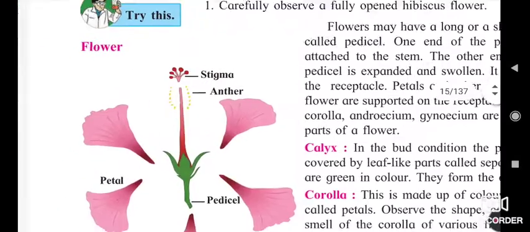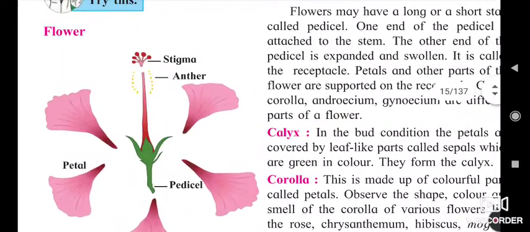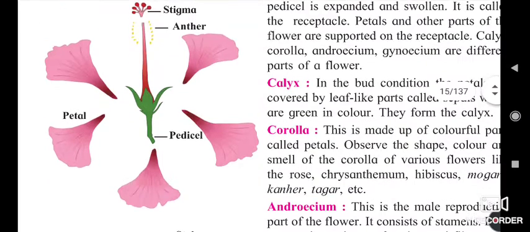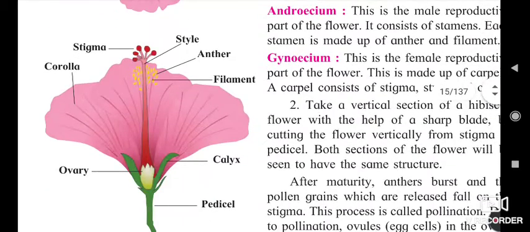First, look at this flower. This flower has a pedicel, and petals which are made up of a dark color, and they have their own smell, which attracts the insects for pollination. The anther and stigma are parts of this flower.